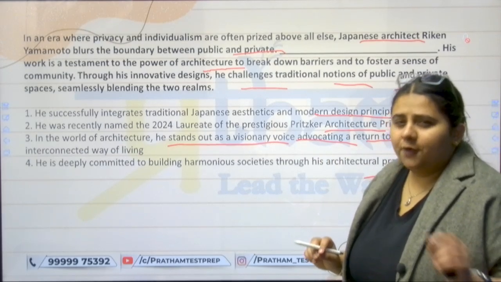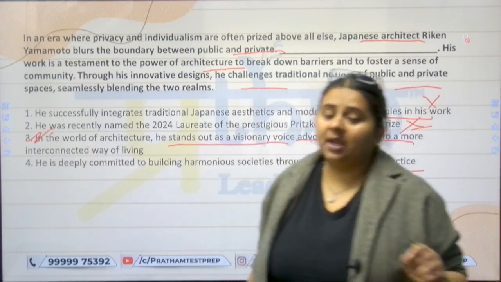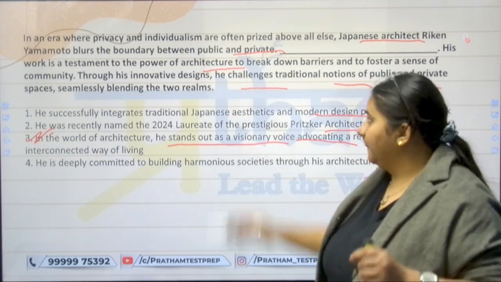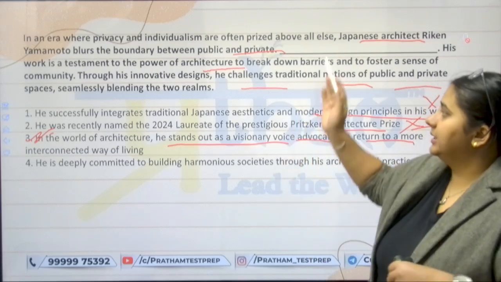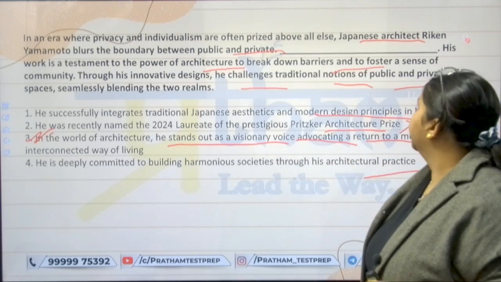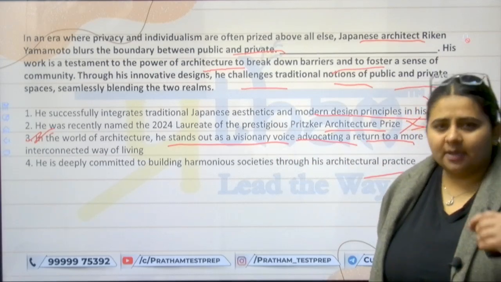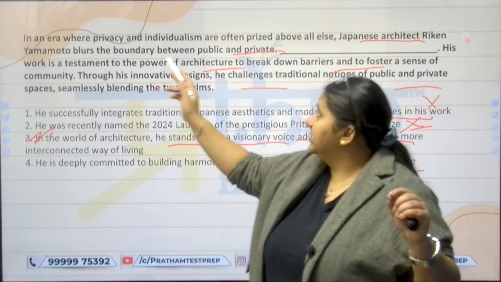Now, look very carefully. Three very well aligns with the idea given here. After this, they are going for the positive: his work is a testament to the power of architecture, it breaks down barriers, fosters a sense of community. Positive things are given. And before that, let's see, public and private.